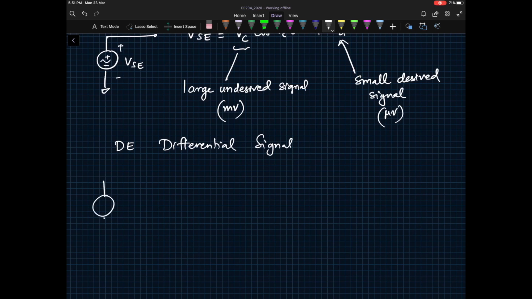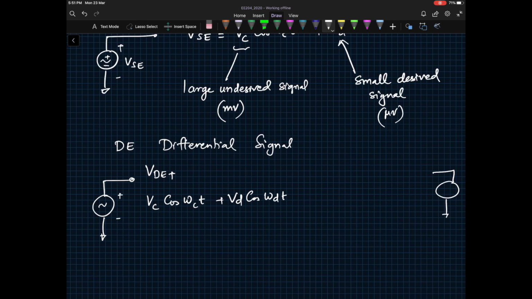So you have two outputs. One of them is VDE plus, which is VC cos omega CT plus VD cos omega dt, and on the other side I'm going to show VDE minus, which would be VC cos omega CT minus VD cos omega dt.